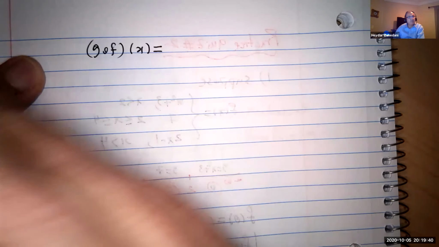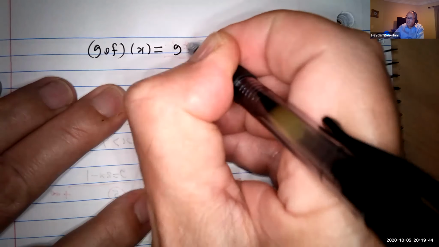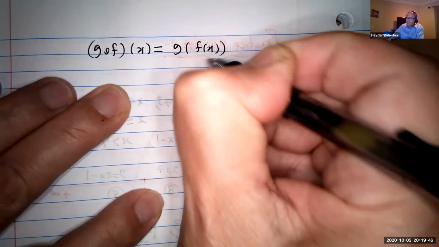So we are going to have the same thing, and that's going to be g o f. The definition first. g of f of x this time. It's x, it's not a number, so we stay with the x. The definition first. g of f of x.